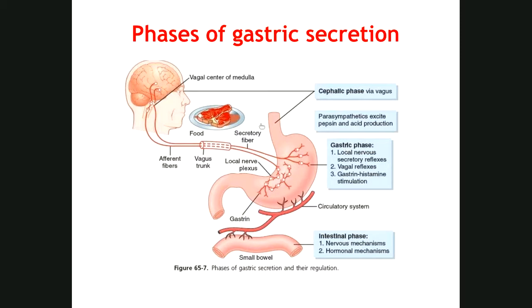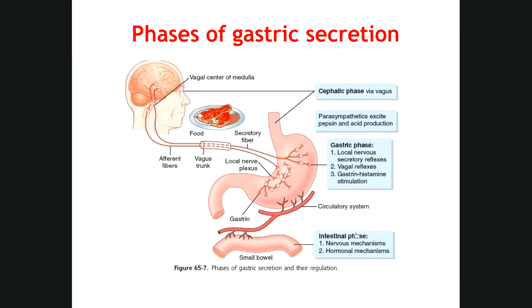While the food is in the stomach, the direct contact will cause the stimulation of the gastric phase through the local nervous and secretory reflexes, the vagus nerve, the gastrin, histamine stimulation. So this will enhance the secretory function of the stomach. And then lastly, the intestinal phase.